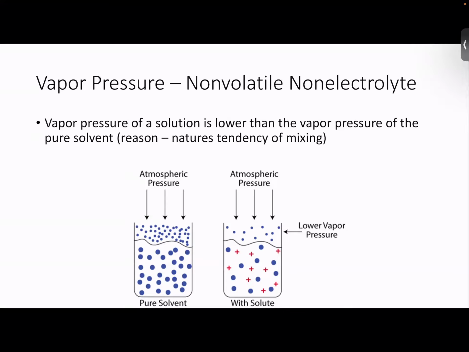So in this first example, we have a pure solvent. Only one type of molecule is showing. The solvent can gain enough energy in order to escape and form gas. It is this gas that is above the liquid layer that is applying the vapor pressure.